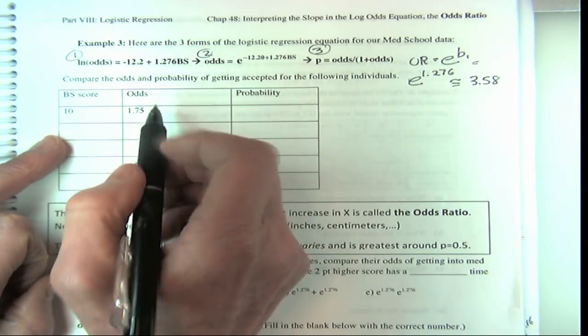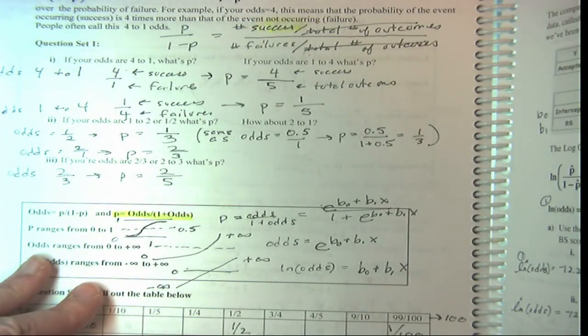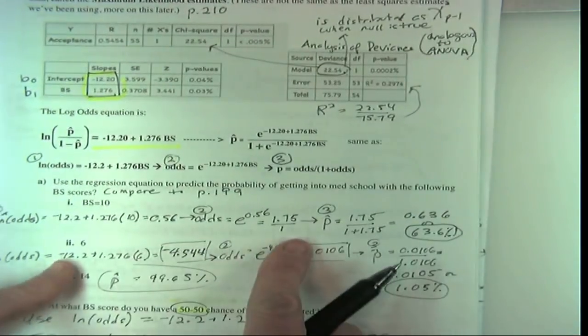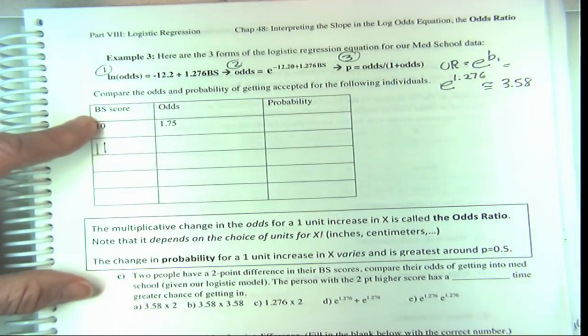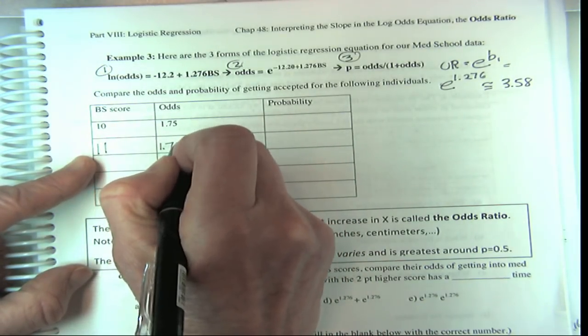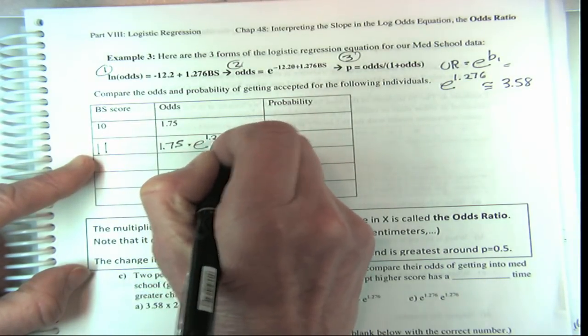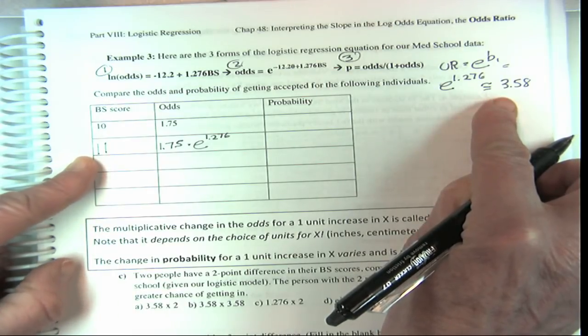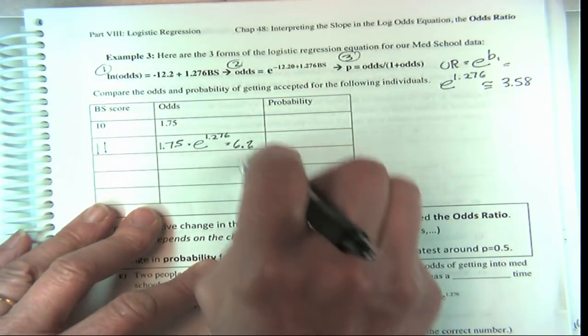So for example, we already got 1.75 for just plugging in a 10, didn't we? Yeah. Right here on page 203, there's the 1.75. That's what we did, those 3 steps. But now let's say you go up 1 in your biological science score. Well, then all that's going to happen is you're going to take 1.75 for the odds and multiply it times e to the 1.276, or times 3.58. And I did that, and I got 6.27.